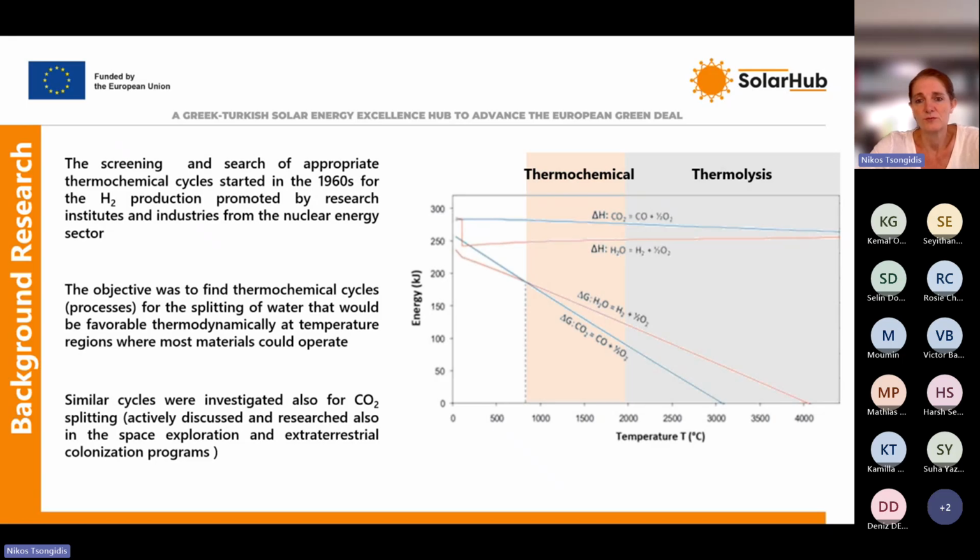So research was focused on finding these thermochemical cycles that could operate at temperatures that are appropriate for most materials.